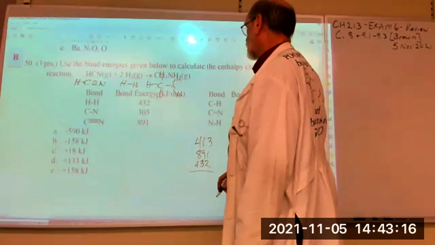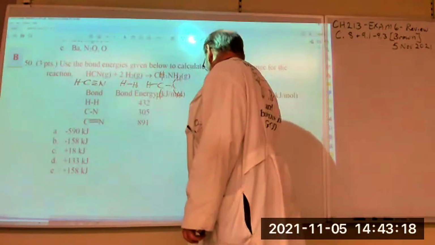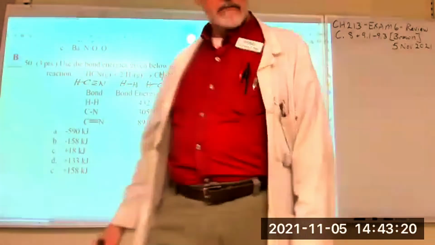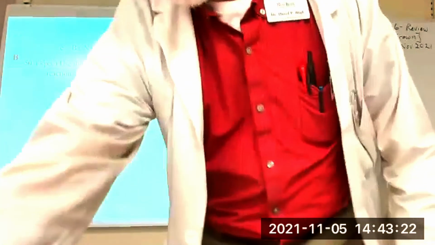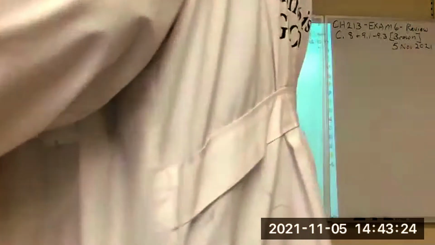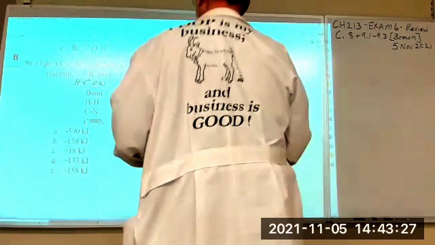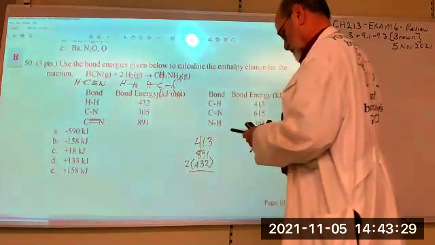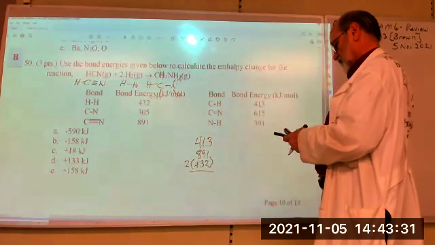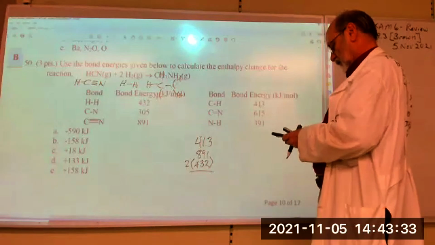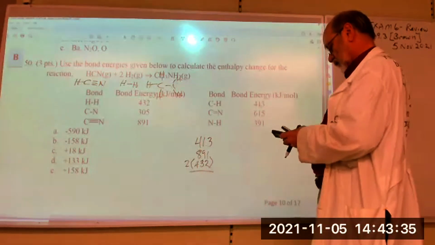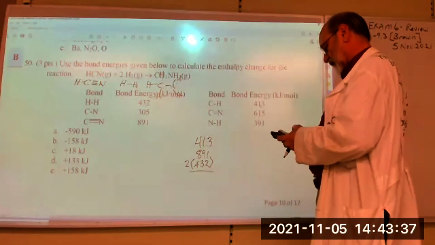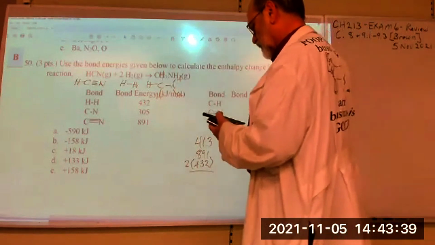Right. So that's, oh, we've got 2 of them. So this is the energy it takes to break all those bonds. 891 and 432 times 2. So I get 2168.